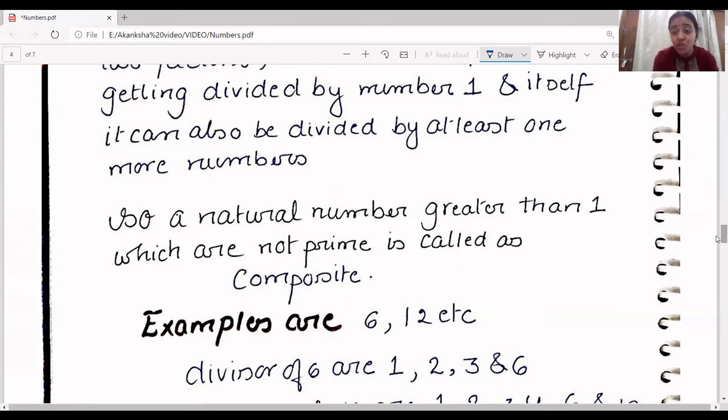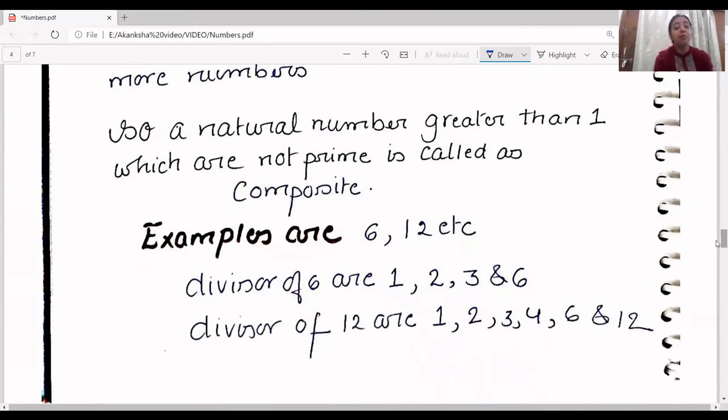But the definition should include that it should be greater than 1, because 1 is neither composite, because composite should have more than two factors, and 1 has only one factor, which is 1 itself, right? So examples of composite numbers are 6, 12. Let's see how.